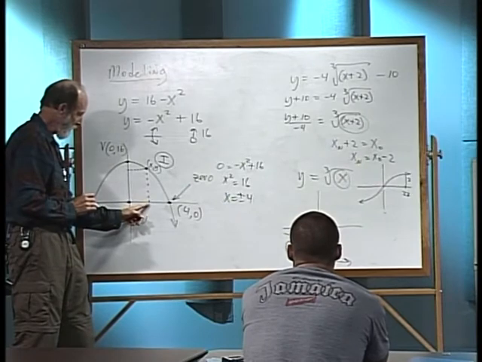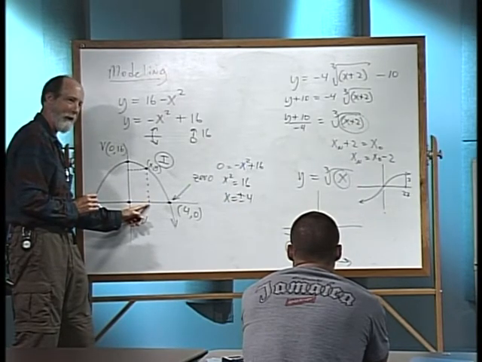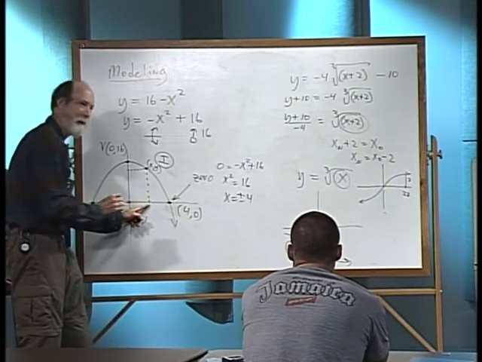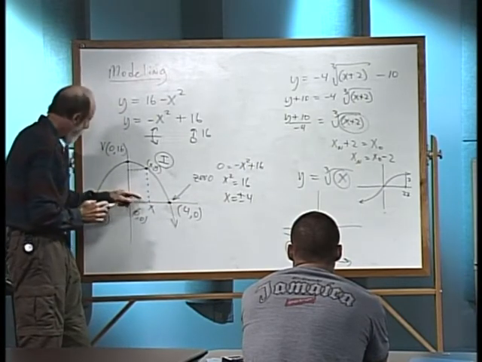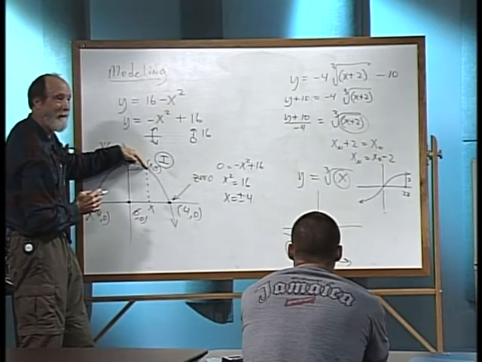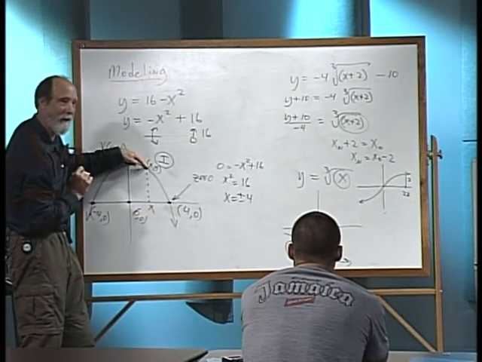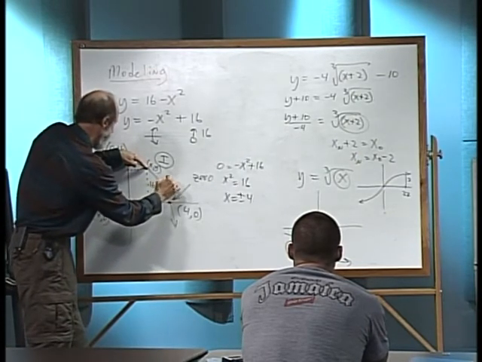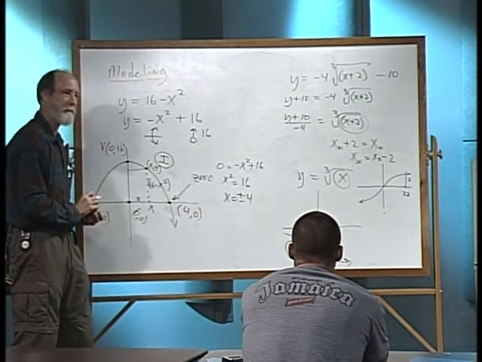What's this x value right here? What is this x value here? X, okay. How tall is this thing right here? Y tall, right? Or isn't it 16 minus x squared tall? Isn't that the height? And isn't this the base?